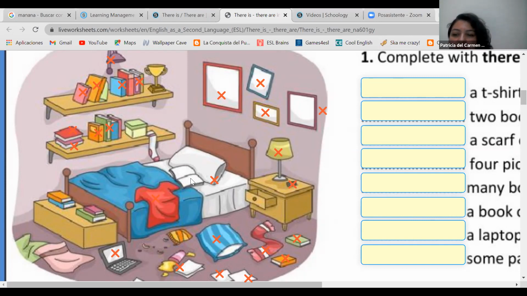There is a workbook. Oh, okay, there is a workbook. Where? On the table. No, on the floor. No, it's not on the floor, Patty. This one? On the bed. All right, on the bed. Yes, on the bed. Okay, all right, very good.